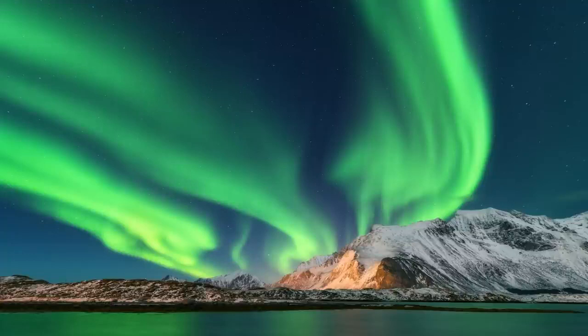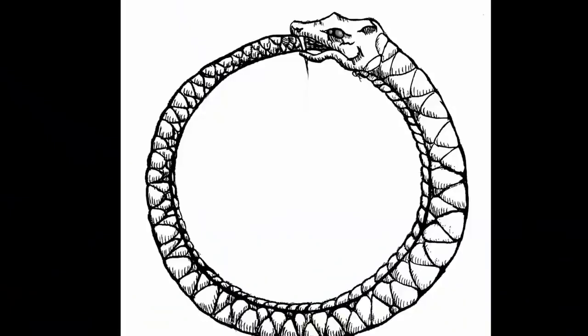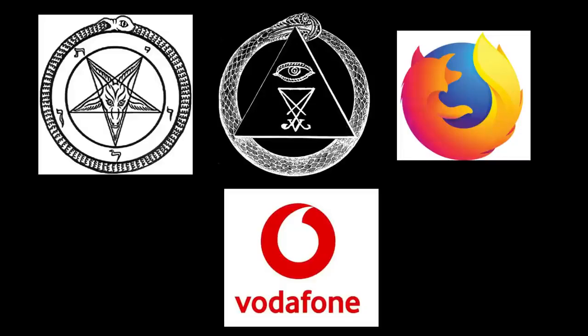The word aurora borealis is very similar to the word Ouroboros, the serpent eating its own tail. A satanic symbol we see used over and over again.